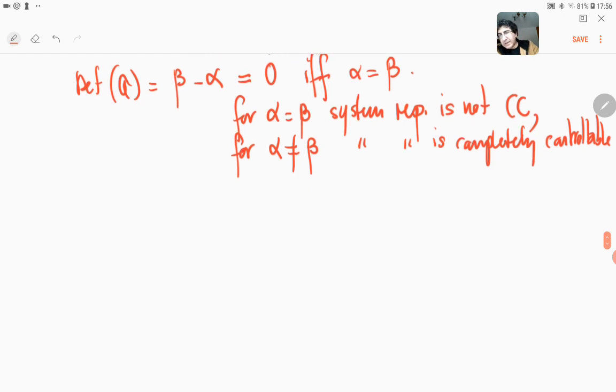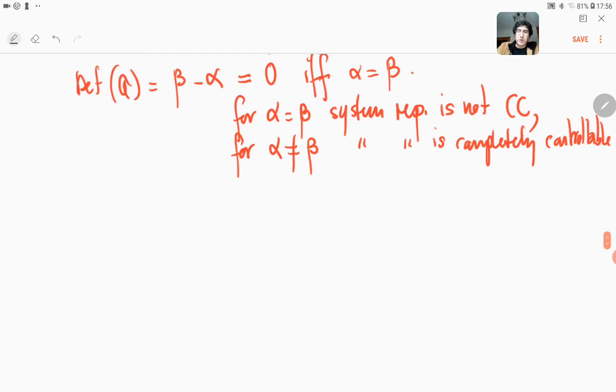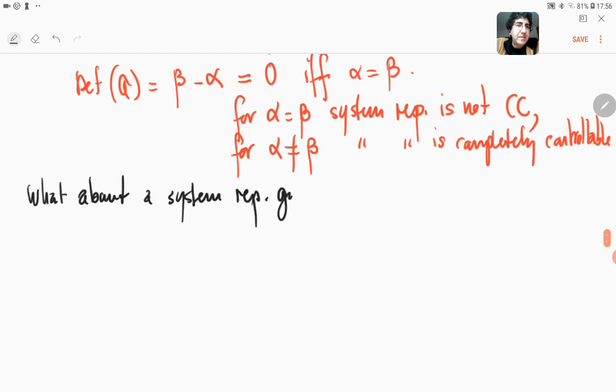All right, now let's also talk about what about a system representation given in controllable canonical form?